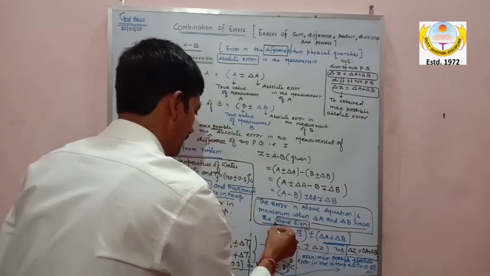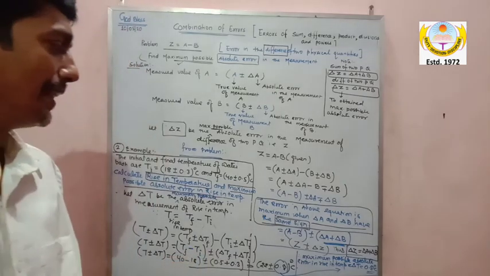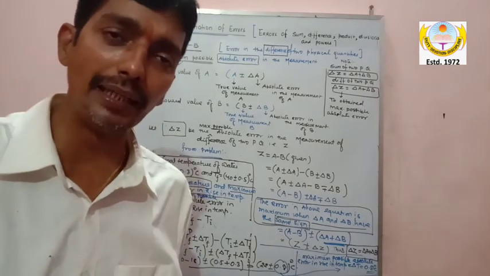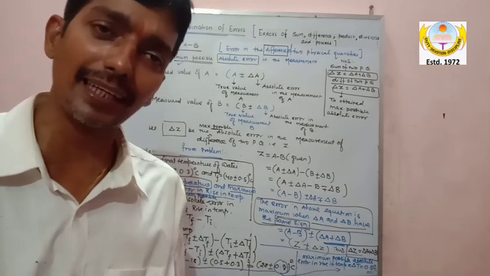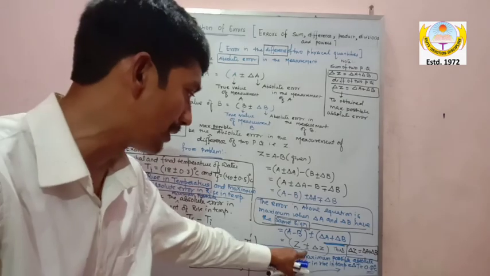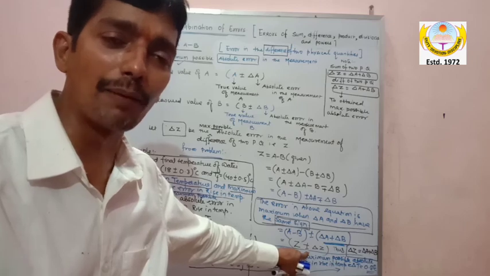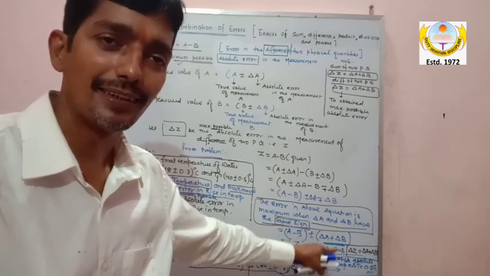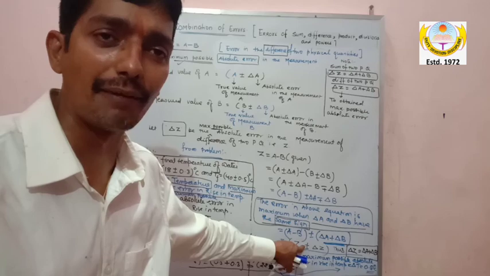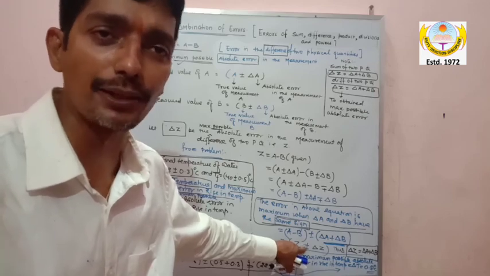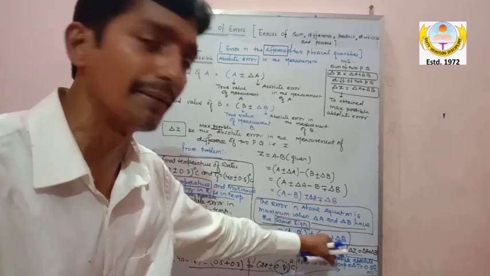Same sign means either delta A is minus and delta B is also minus, minus and minus, it will be added up and the answer comes with minus. And if it is plus 5 plus 3, it will be plus. So the error I get will be either plus or minus, that's why I already wrote it.